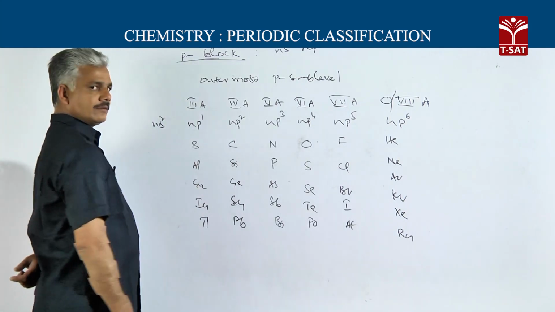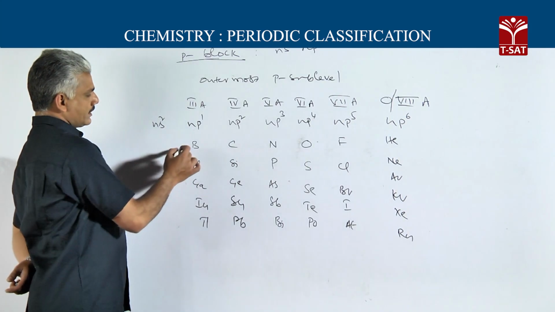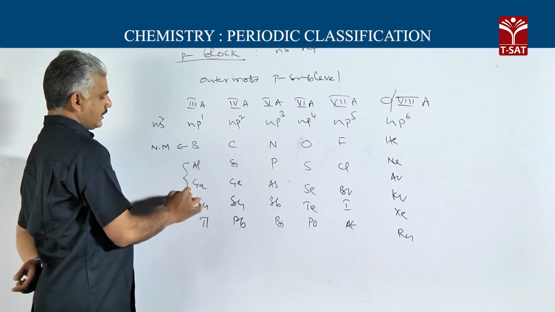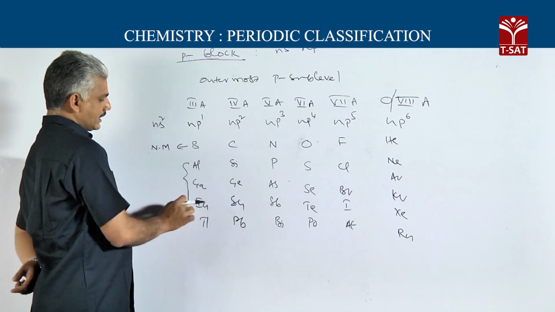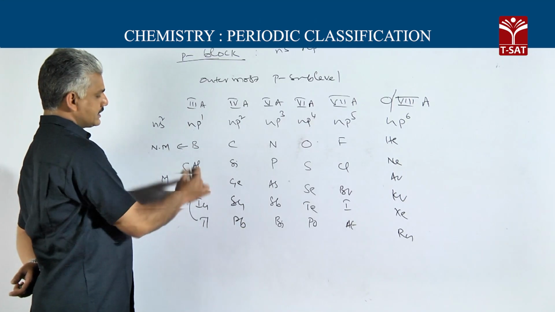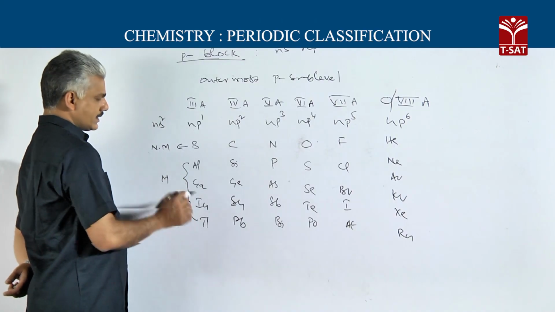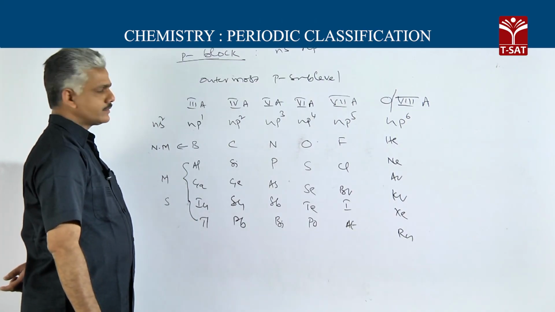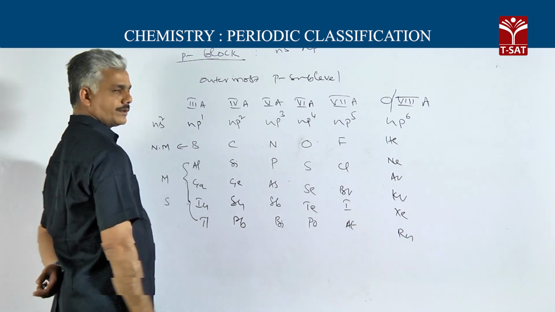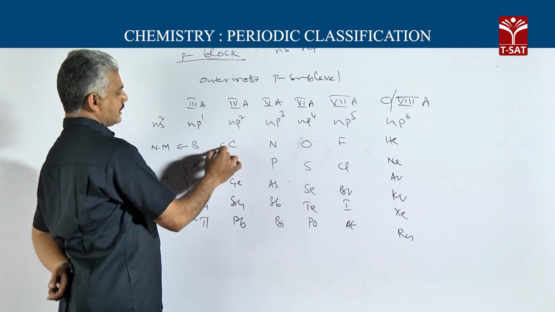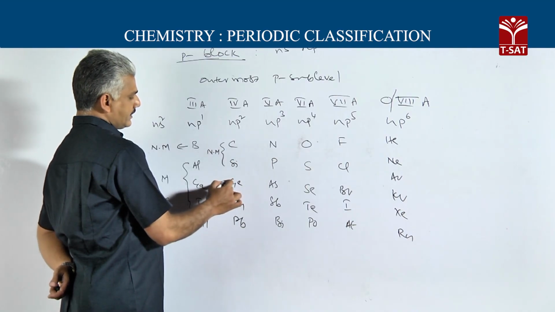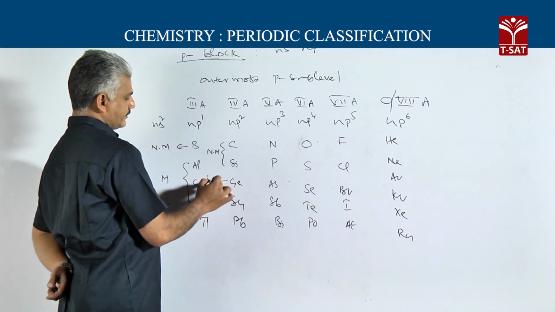Coming to their individual characteristics, boron is a non-metal. Aluminum to indium as well as thallium are metals, and all these elements exist in solid state and they mostly form covalent compounds. In 4th A group, carbon and silicon are non-metals. Germanium is a semi-metal.